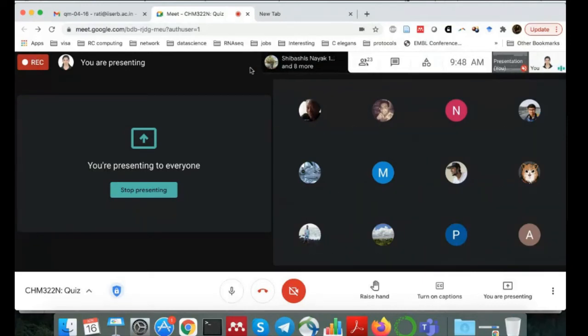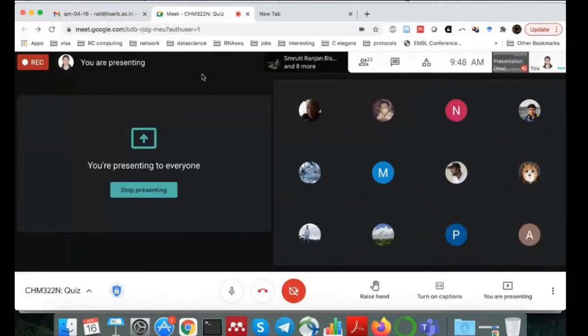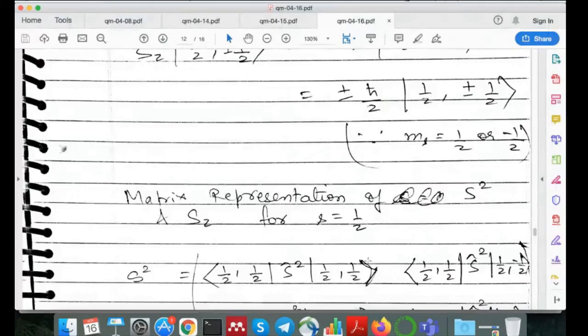Looks like nobody wants to try. Somebody should try it out. Okay, you can try it out later. What are the possible ms values for S equal to 3 by 2?